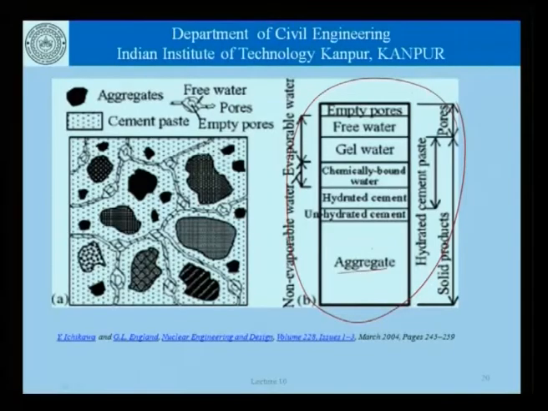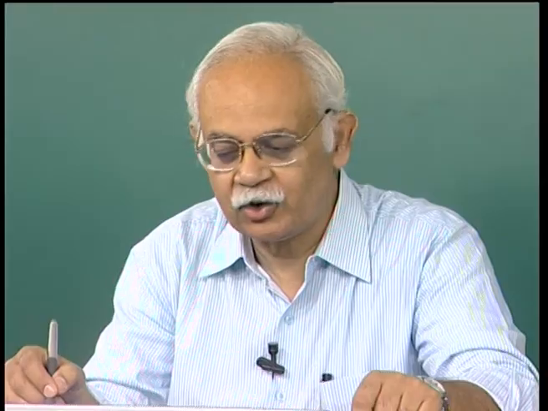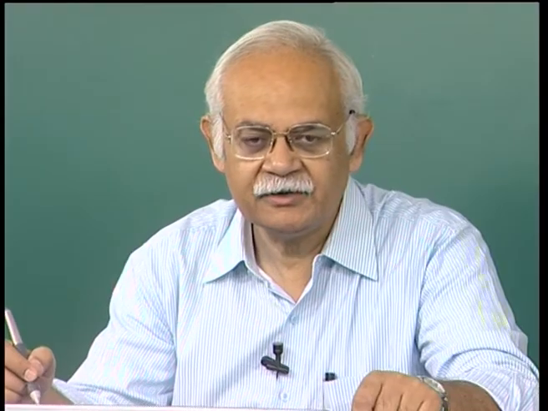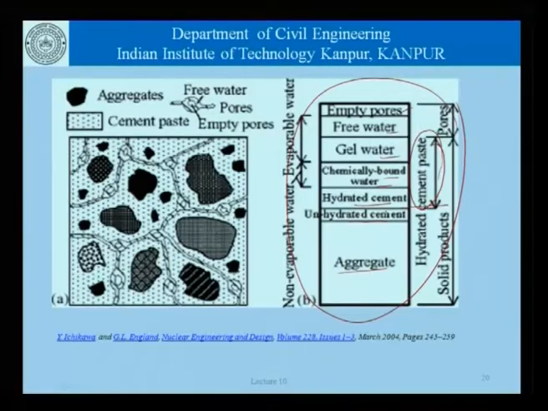There is aggregate, there is unhydrated cement, there is hydrated cement, there is chemically bound water, gel water, free water, empty pores and so on. So, beginning from this point onwards, this is cement paste. Unhydrated cement does not count in cement paste, and it depends on the definitions that we take. Free water and empty pores have been called pores in this reference.